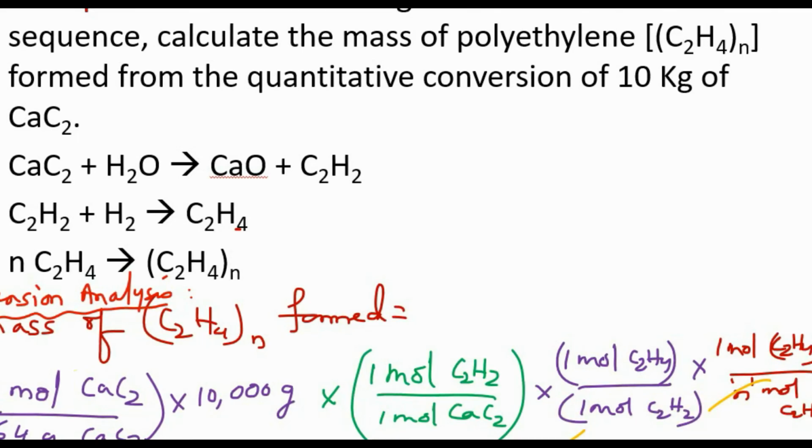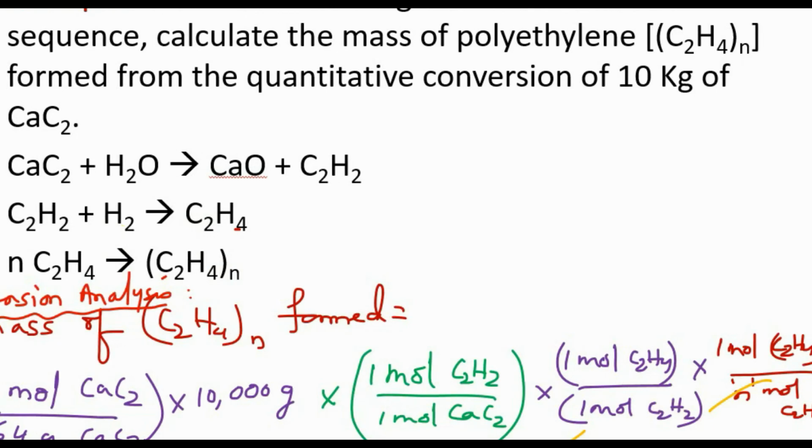So the ratio will be like this, because the molecular mass of this is 28 into n. 28 is the mass of the repeat unit, the molar mass of the repeat unit, but the entire polymer molecule is n times, 28 into n gram of polyethylene divided by 1 mole, because 1 mole has a mass equal to this.